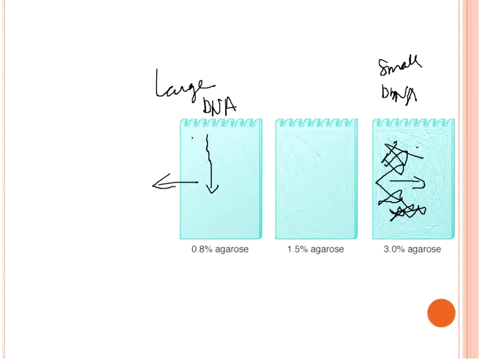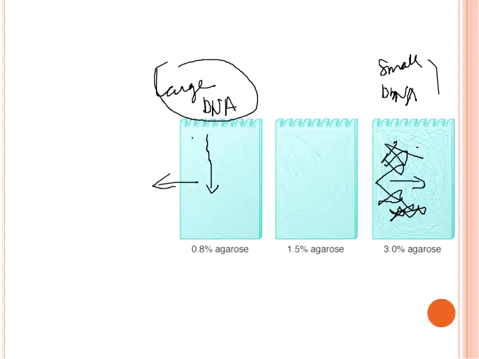So the concentration of agarose affects the mesh size, and so higher concentrations are used with smaller pieces of DNA, and lower concentrations are used with larger pieces of DNA.